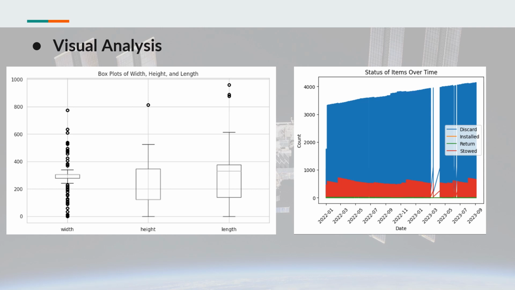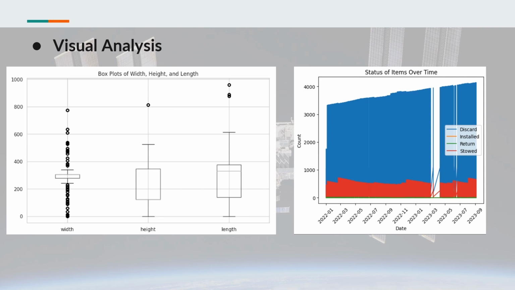To the left you have the box plot of width, height, and length, which was to determine if in future work we would calculate the volume and potentially the constraints we would have for resupplying with respect to the volume of the cargo.